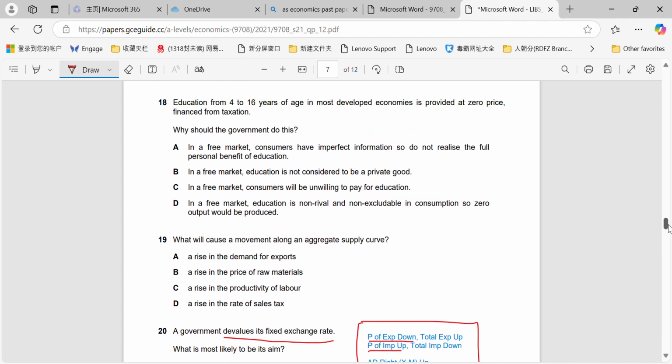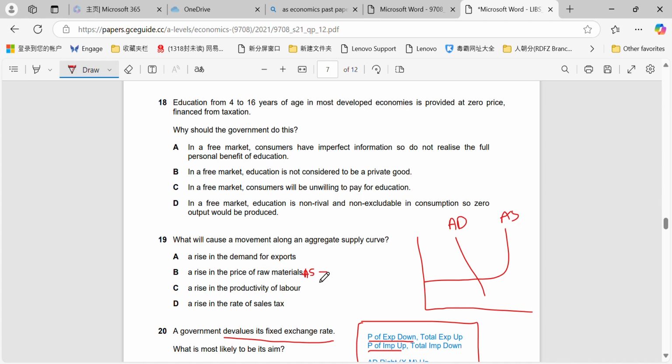Okay, what will cause a movement along an aggregate supply curve? So very simple. A movement along an aggregate supply curve is going to be a change in AD, right? So therefore we're looking for something that's going to change aggregate demand. Rise in the price of raw materials will not cause a movement along that curve.